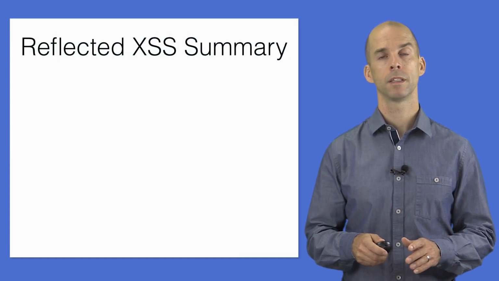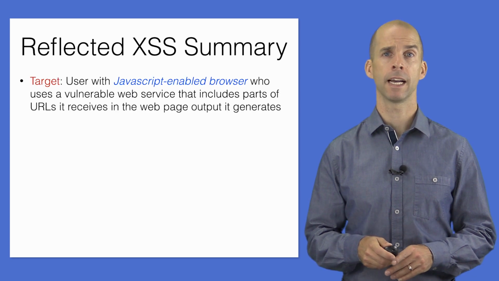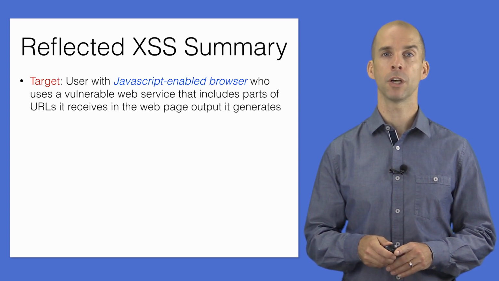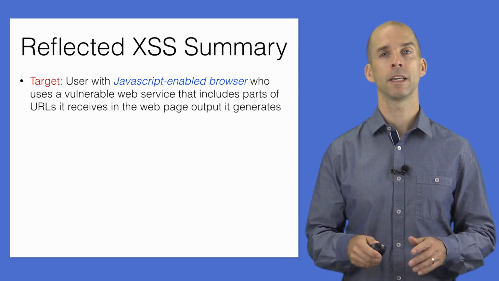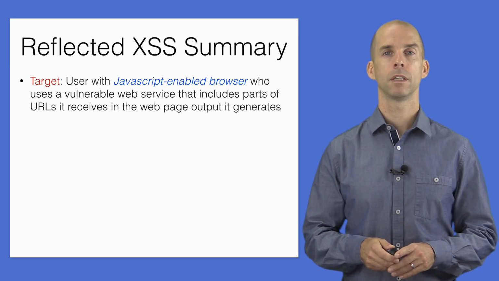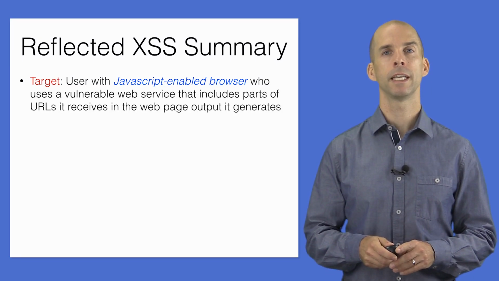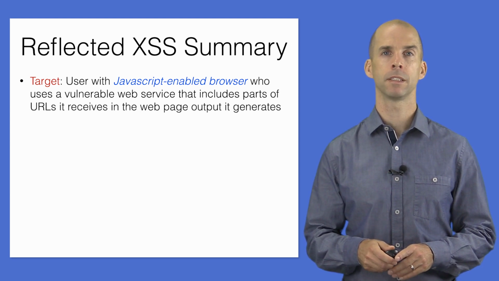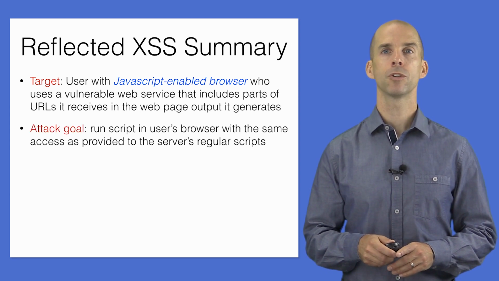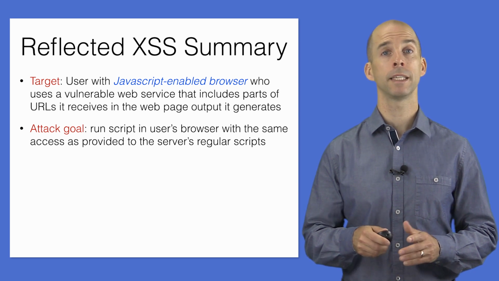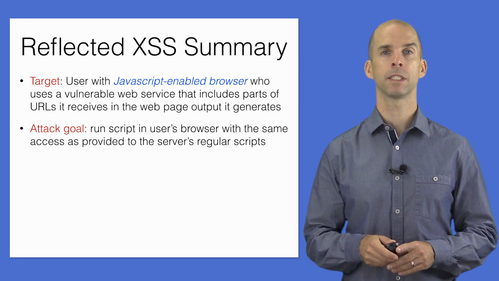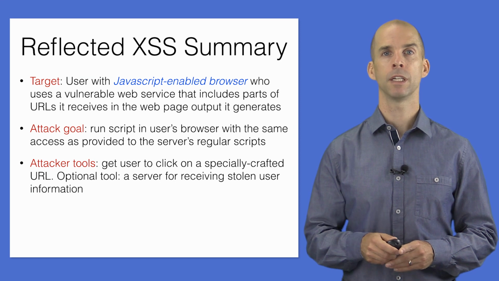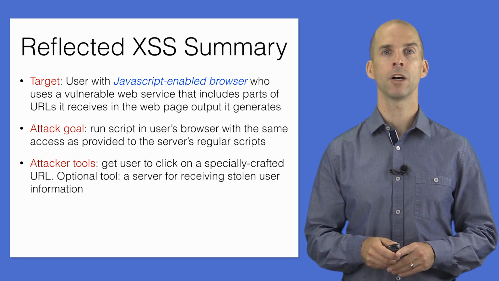To summarize, a reflected XSS attack targets someone who is using a JavaScript-enabled browser to access a vulnerable web service. The service's vulnerability is that it echoes back part of the URLs it receives in its output responses. The attacker goal is to run the attacker's script as if it had the origin of the victim's site. The attacker does this by getting a user to click on a URL that contains JavaScript code.